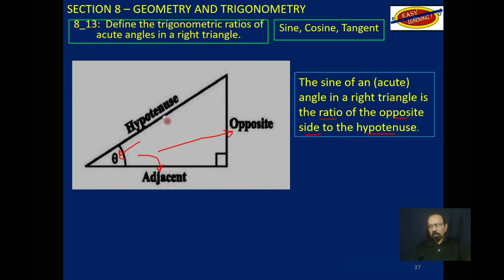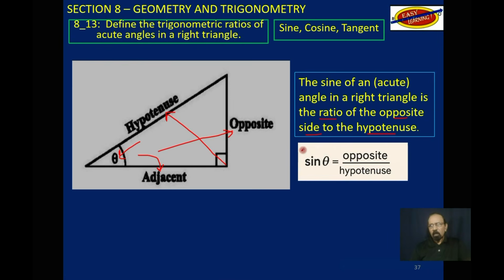Of course, that side there is the hypotenuse because it is opposite to this right angle. So the sine of this angle is the ratio of the opposite side to the hypotenuse, and I will explain what that means.